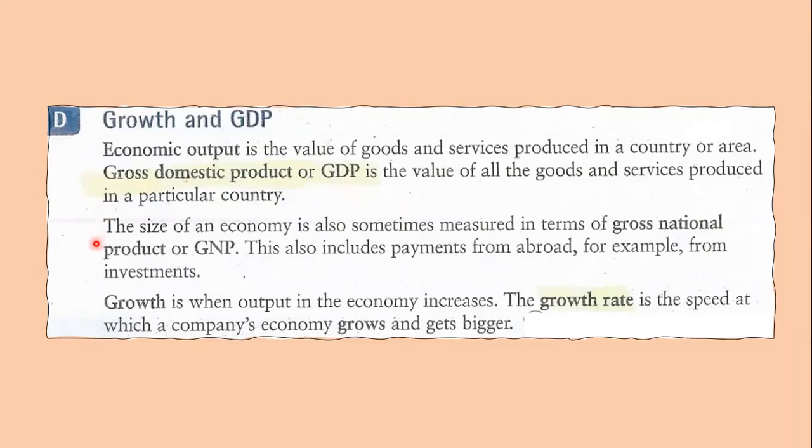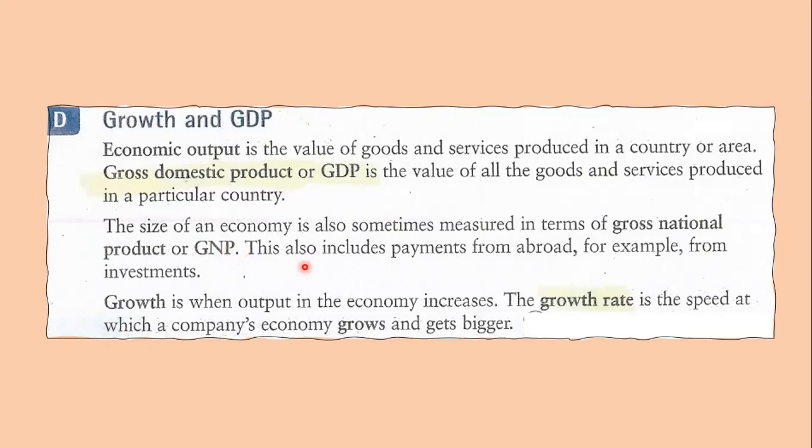The size of an economy is also sometimes measured in terms of gross national product or GNP, or in Spanish, Producto Interno Bruto. Did you hear me? No? Producto Interno Bruto. Okay.